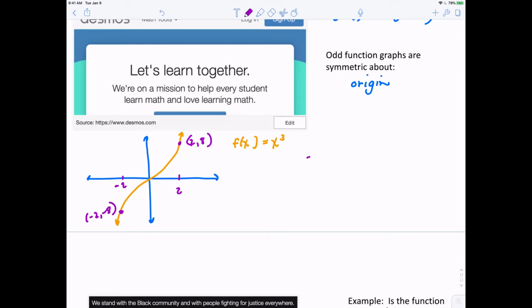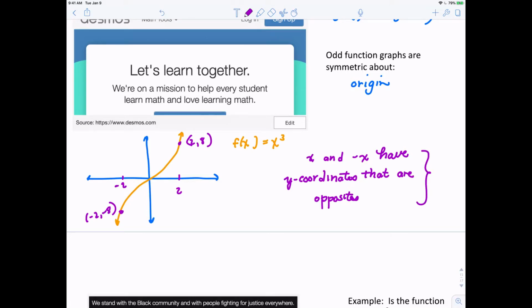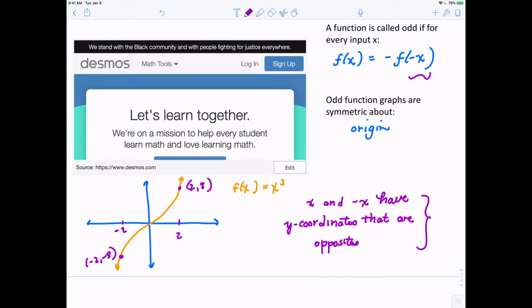So in other words, x and -x have y-coordinates that are opposites.